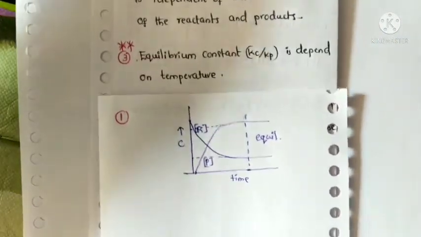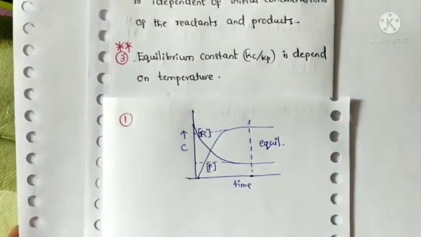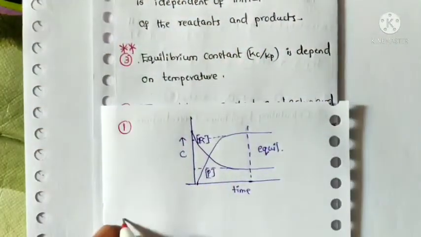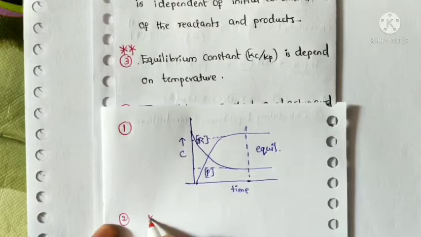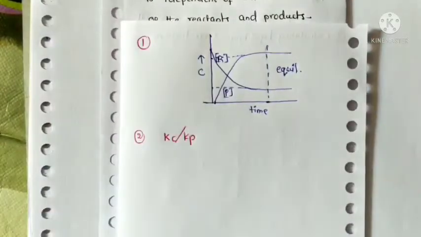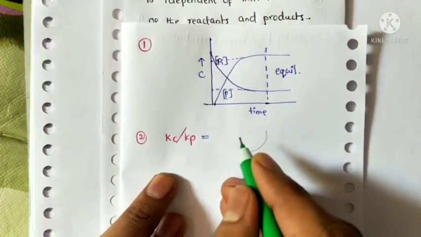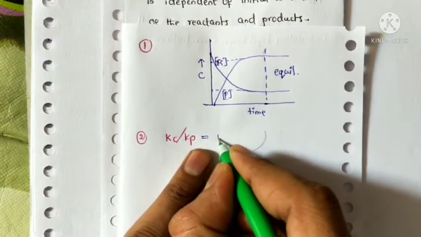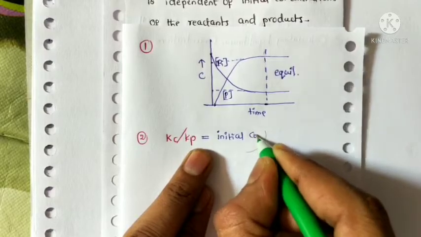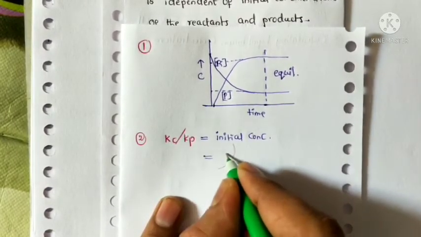So next, the second and third we combine to say that the equilibrium constant is independent of initial concentration and dependent on temperature.